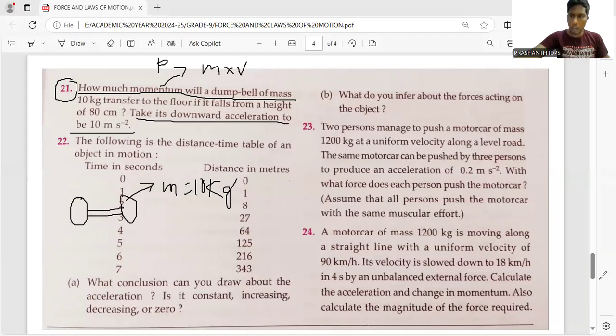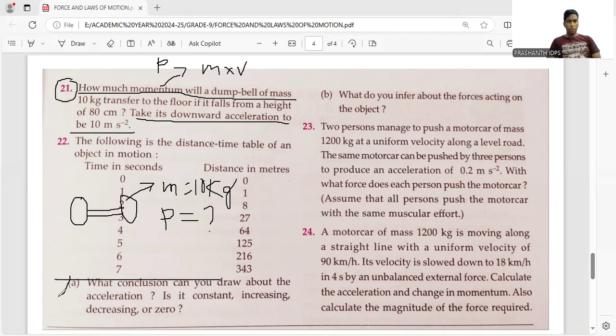Now what is he asking? How much momentum will be transferred? How much momentum will a dumbbell of mass 10 kg transfer to the floor?